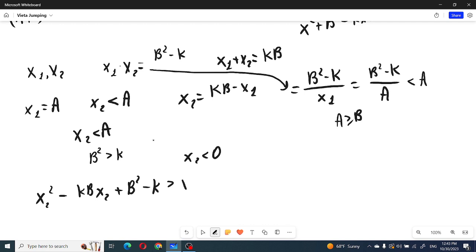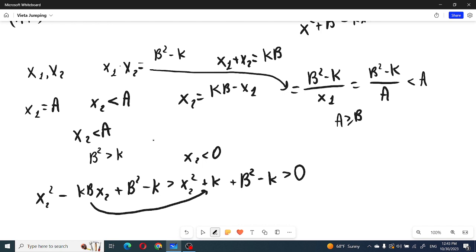Then we get that x2 squared plus k plus b squared minus k. Now I have used the fact that kb times x2 must be more than negative k, because x2 is a negative number. So we get that this number is more than 0, and clearly this is impossible.